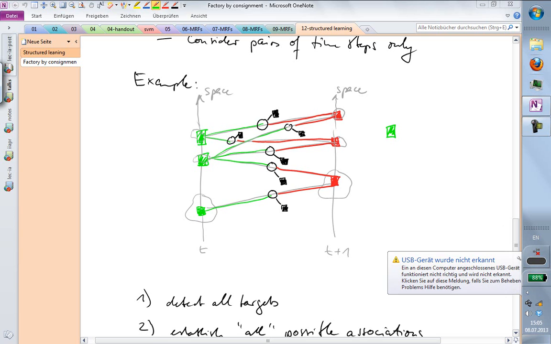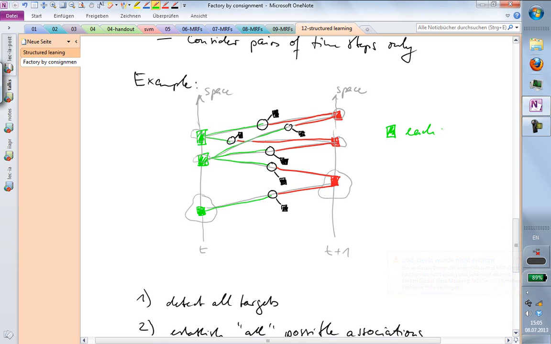So we have these higher order factors where green encodes that each cell has a unique fate. So the first cell here could only become this one, or could only become that one.